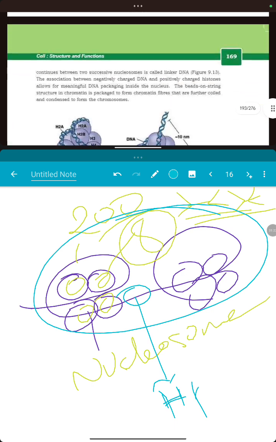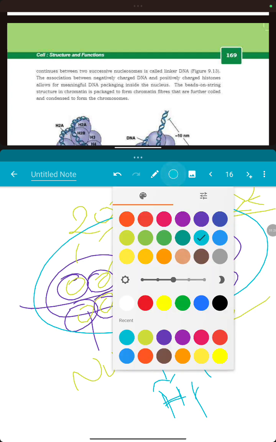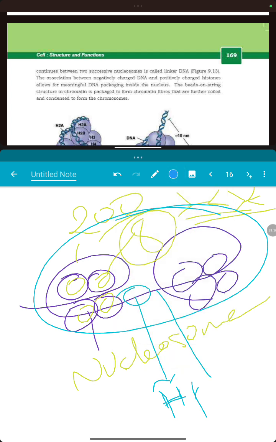The DNA that continues between 2 successive nucleosomes is called linker DNA.